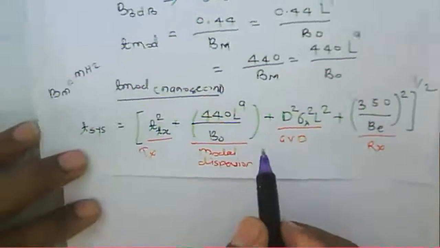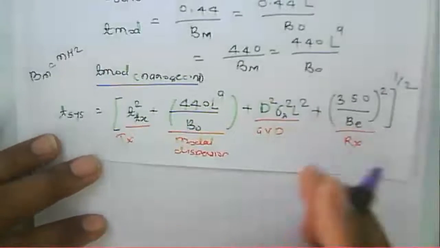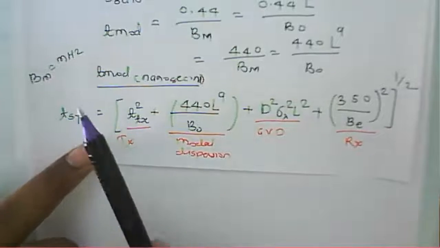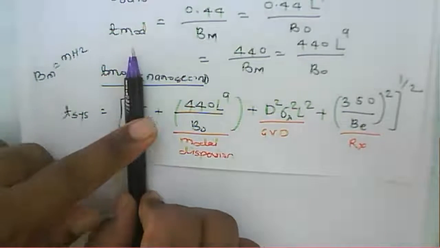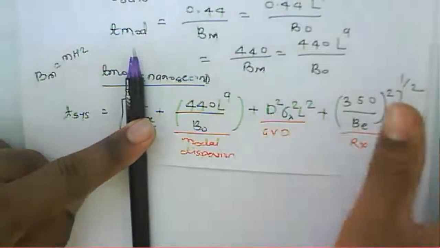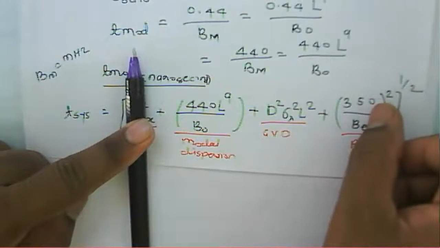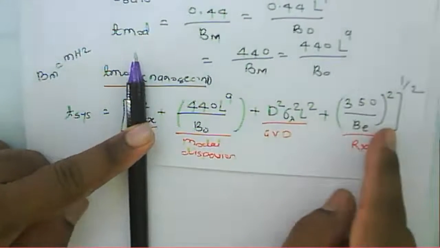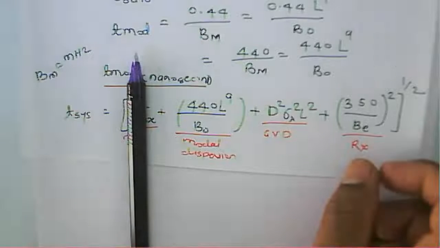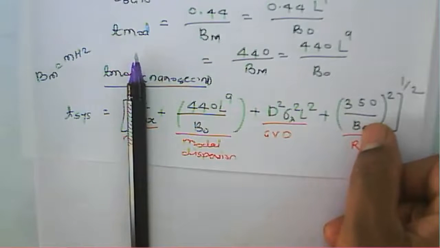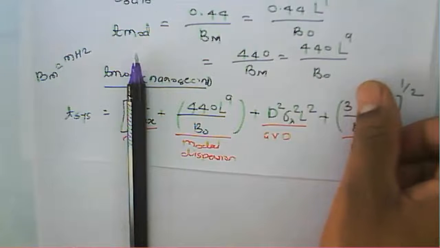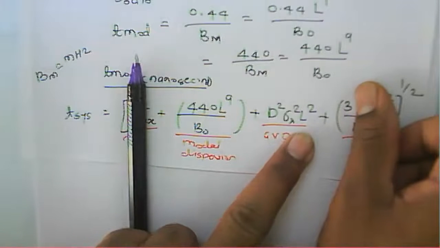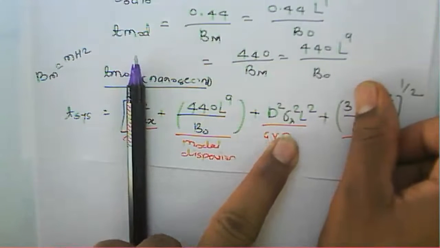So from this expression, the total system rise time budget includes the transmitter rise time, which is about the pulse, and this one is about the electrical bandwidth, because as the length of the fiber changes, the bandwidth changes. That is why at the front side of the receiver we ask what will be the total bandwidth. The modal dispersion also depends upon the length.